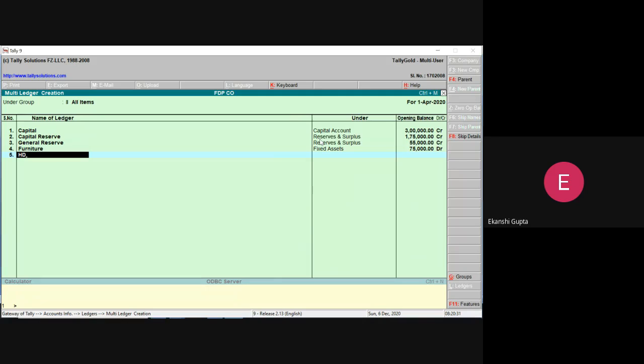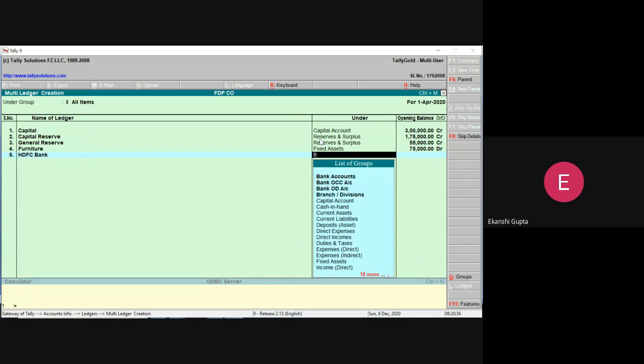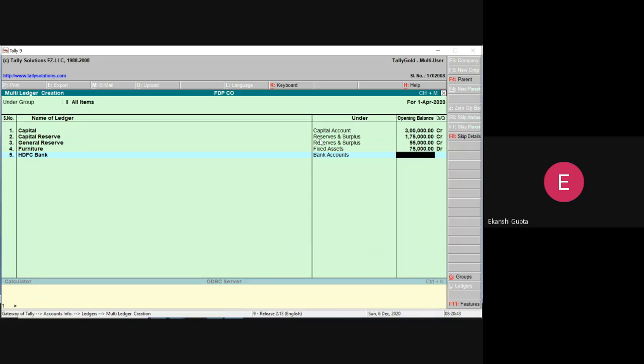Then HDFC Bank, it will come under bank accounts. Amount is 2 lakhs.